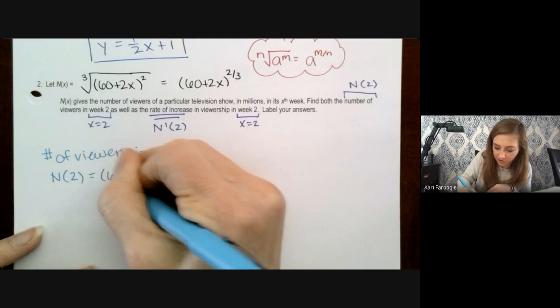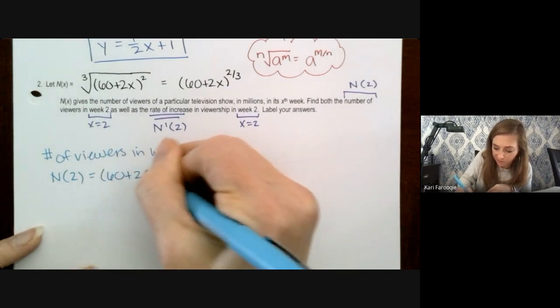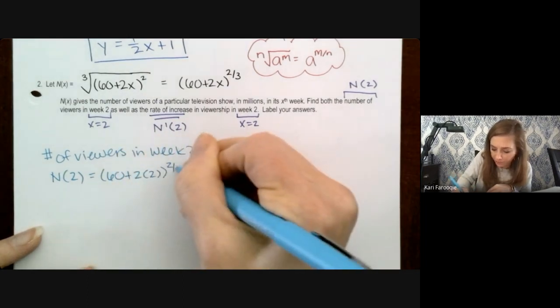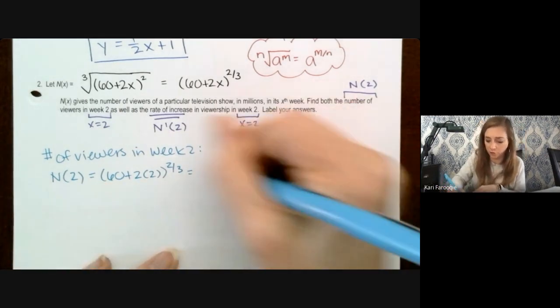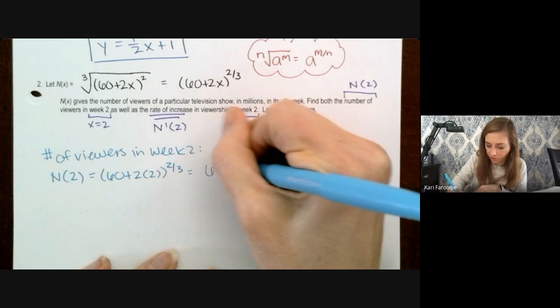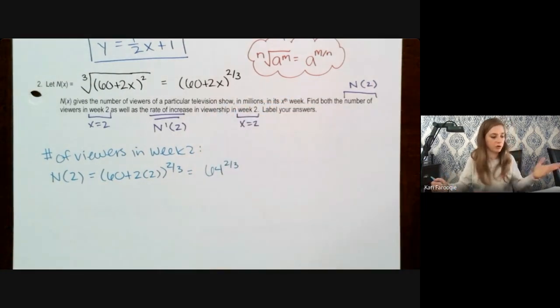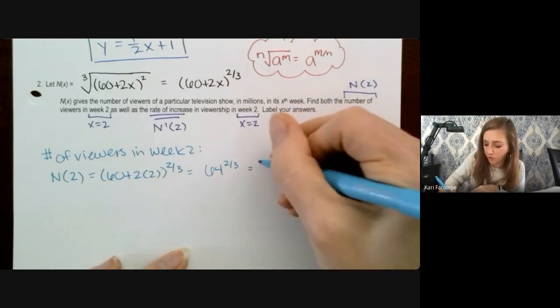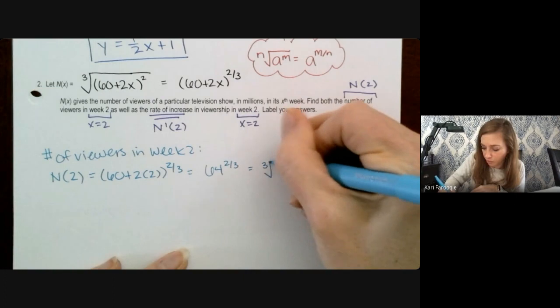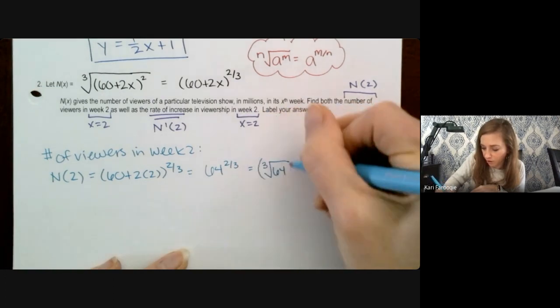But I'm going to write this as 60 plus 2 times 2 to the 2/3, which is really just 60 plus 4 to the 2/3. So 64 to the 2/3. If you put this in your calculator, that's fine. You could evaluate it by hand also. You could rewrite this as the cubed root of 64 squared.